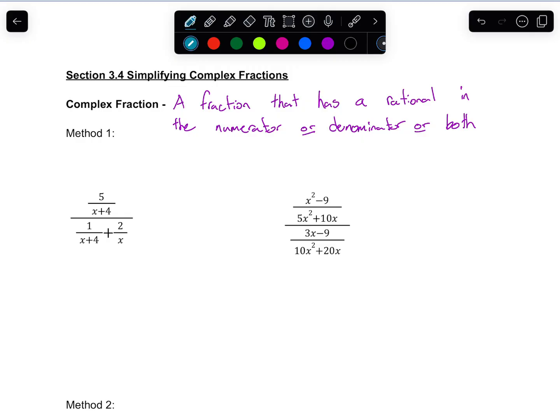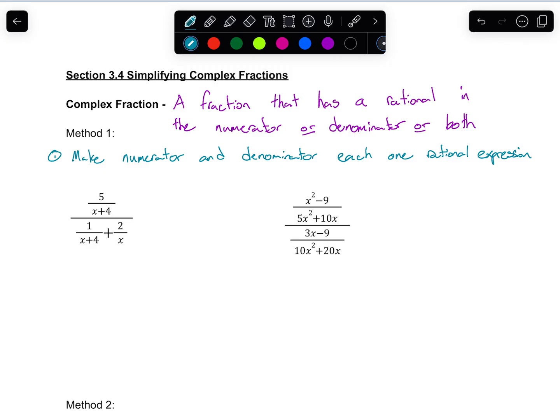We're going to explore two methods today. I'm going to show you two methods of simplifying complex fractions. The first one is going to be to make the numerator and denominator each one rational expression. So if we have addition or subtraction happening in our numerator and denominator, we're going to go ahead and combine those and make it one whole rational.